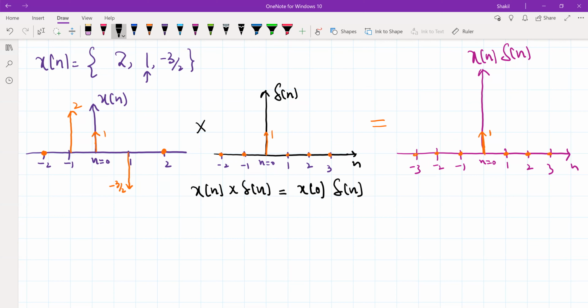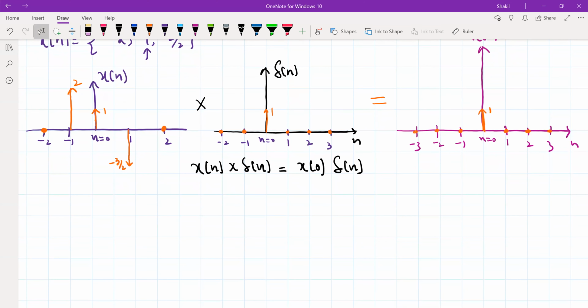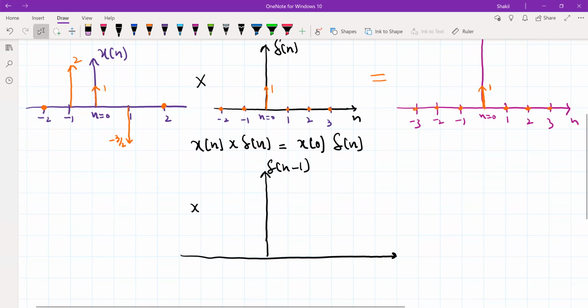Now let's multiply the given sequence with another sequence that is a shifted delta. So let's multiply this sequence with this sequence. This is our delta n minus 1, and we mark the points.